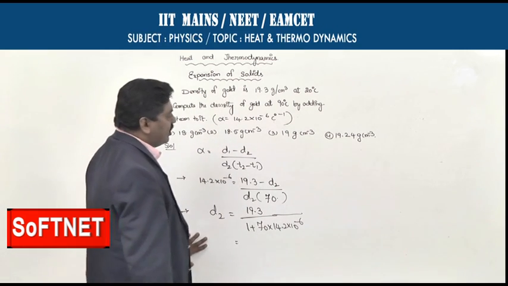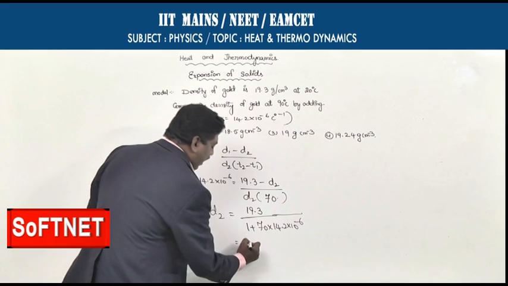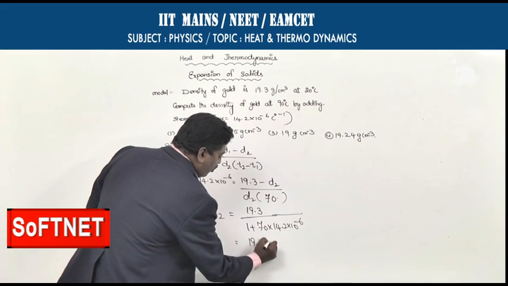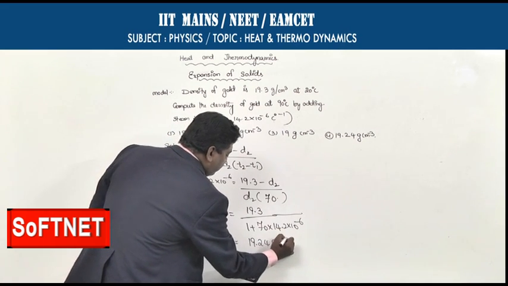On simplifying this part, we are having the value as 19.24 gram per centimeter cube.